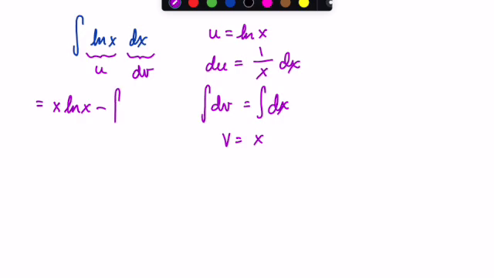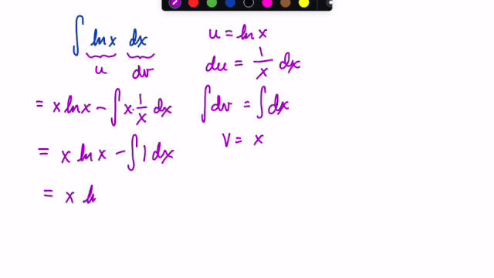Well, that's 1 over x times x dx. And look at that. 1 over x times x, that's just the integral of 1, which is just x. And this is the reason we had never done the integral of natural log of x before, because you had to know integration by parts to be able to do it.